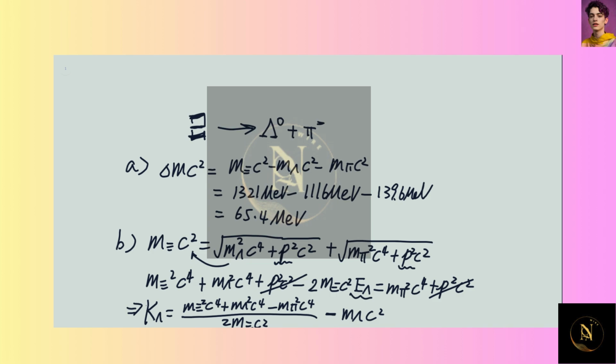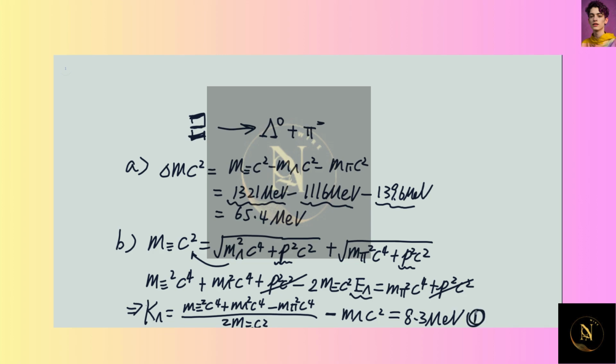Similarly, we can find all the other numbers with the same method. We know what the mass of Xi is, we know what the mass of lambda is, we know what the mass of pi is. If we use this equation, we will get that the kinetic energy carried by lambda is 8.5 MeV.